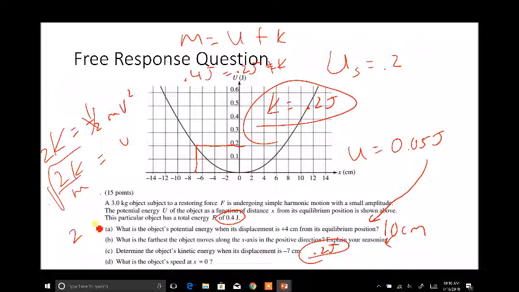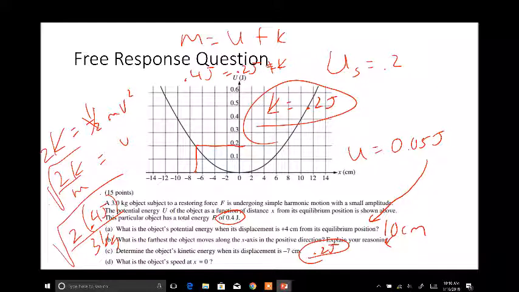All of the energy is kinetic at that lowest point, over the mass of our object, which was 3 kilograms. We'll take the square root of that whole quantity. So 2 times 0.4 divided by 3.